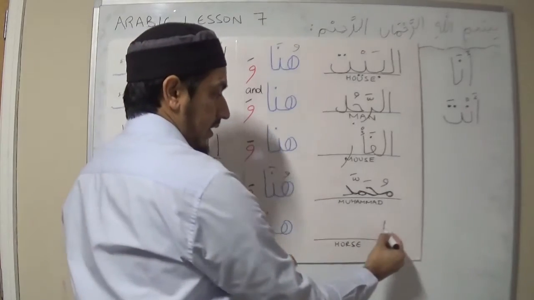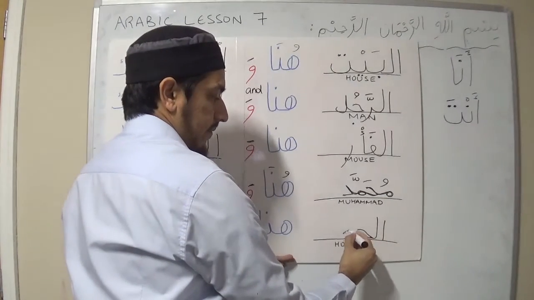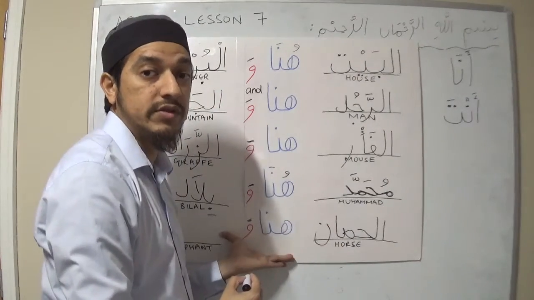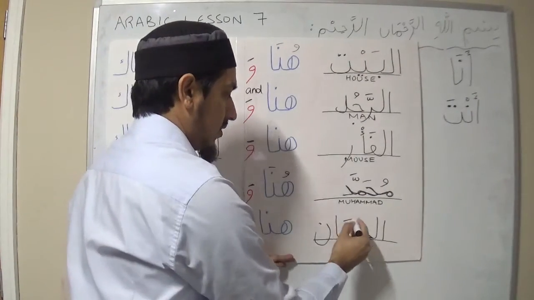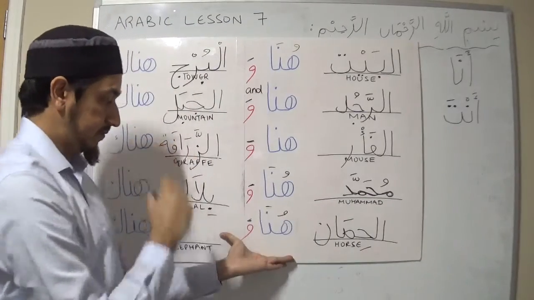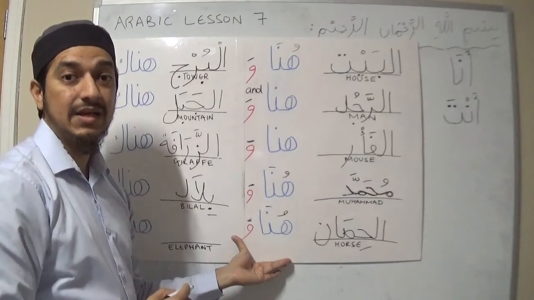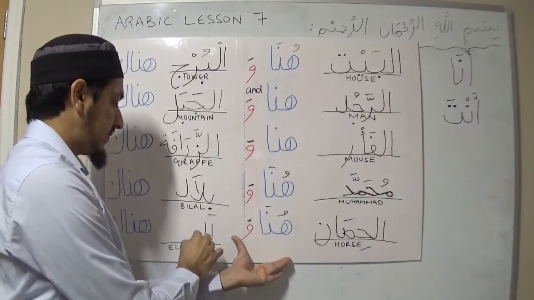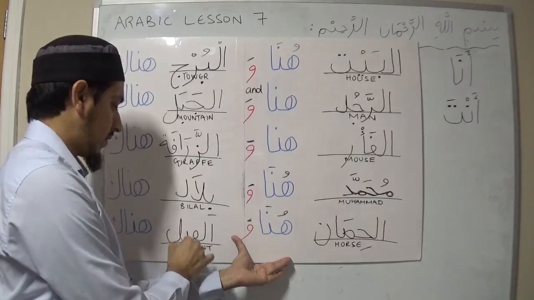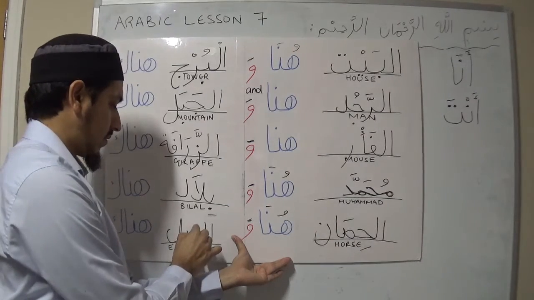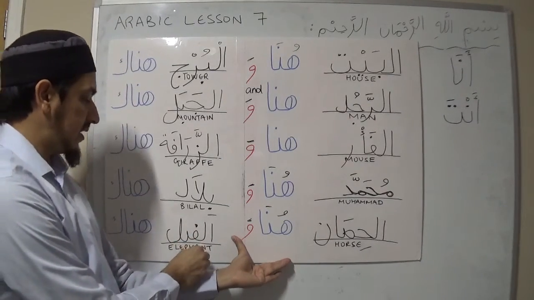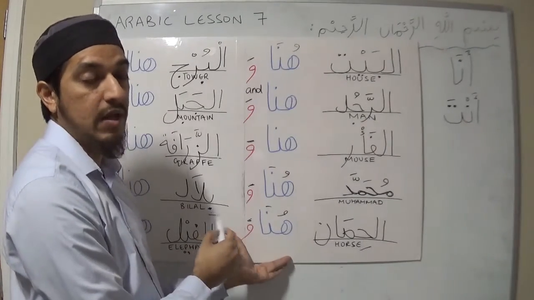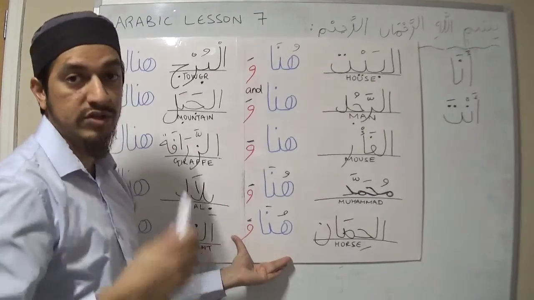Al-Hisan with a sod, not a sin. Al-Hisan. Huna wal-Fil. Surah Al-Fil, the elephant in the Quran. Wal-Fil. Qamariya. Wal-Fil, not Waf-Fil. So it's important to know the Shamsiya and Qamariya.